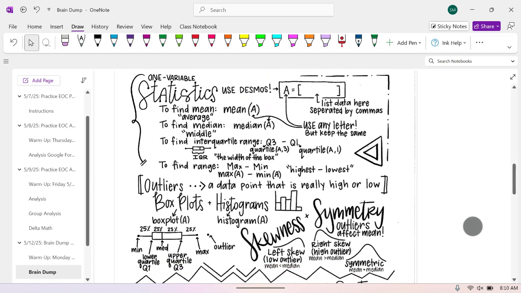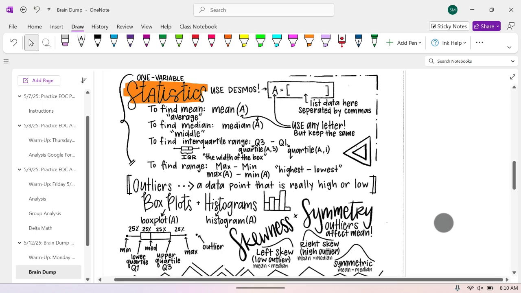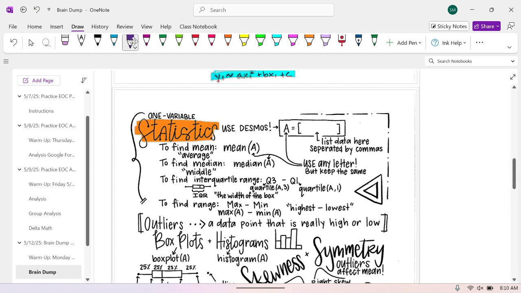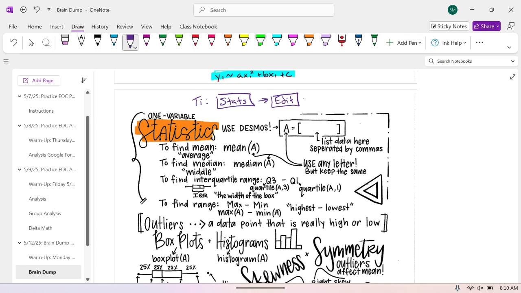Now, anything statistics-wise that's also very important, specifically your one variable, but remember, most of that can be put in your calculator anyway. If you want to make a note of that, so in your TI, all you do is hit the stats key, you hit edit, input your table, then you hit stats, your right arrow key, then hit 1, then hit enter a couple times.